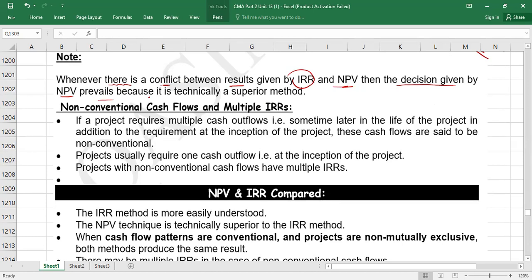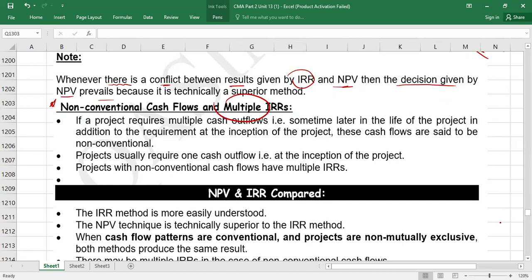NPV, because it is the superior method; it gives the answer in exact absolute dollars, showing how much value you will get. Now this is really important. We always say if there are non-conventional cash flows, there is a problem of multiple IRR, or IRR can mislead you.